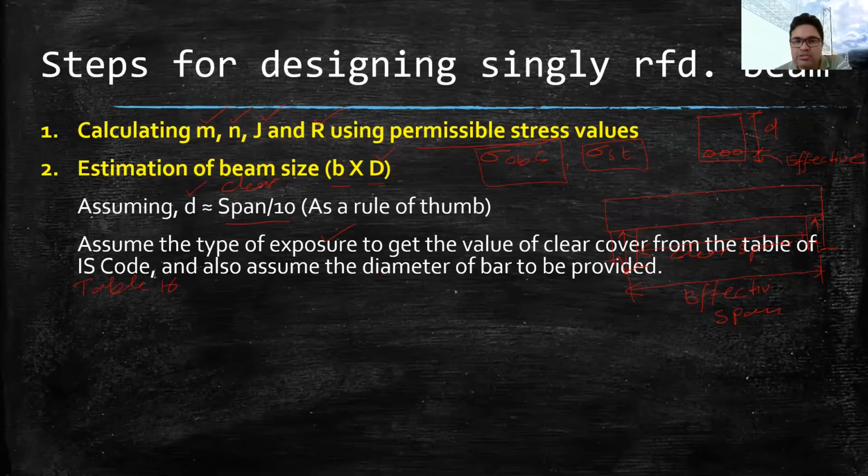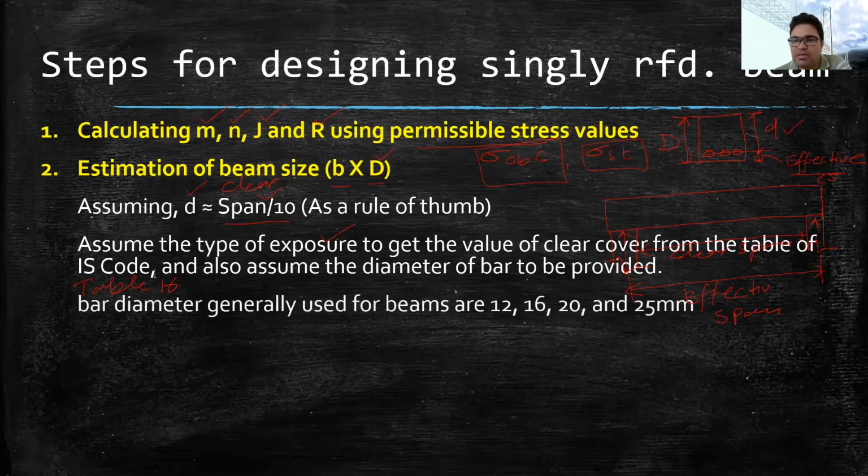We also assume the diameter of the bar, because we want to get the effective cover to get the overall depth of the beam, which is capital D. To get the overall depth D, we have already estimated d using span by 10. Now we are supposed to find out the effective cover. For the effective cover, we need to find out first the clear cover, and then the dia of the bar, which we also assume. So assuming the exposure, for example, if we assume moderate exposure, then the respective value of clear cover can be taken.